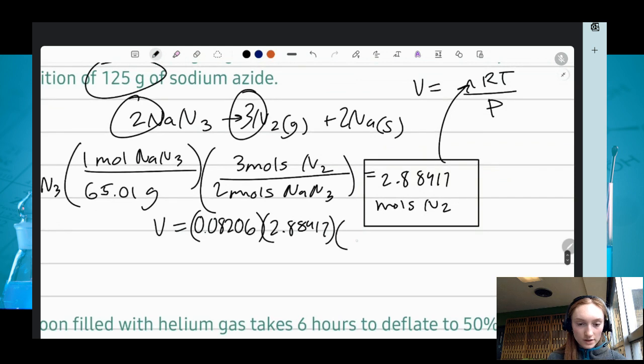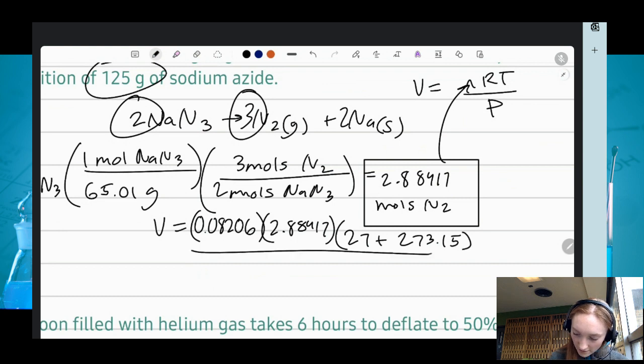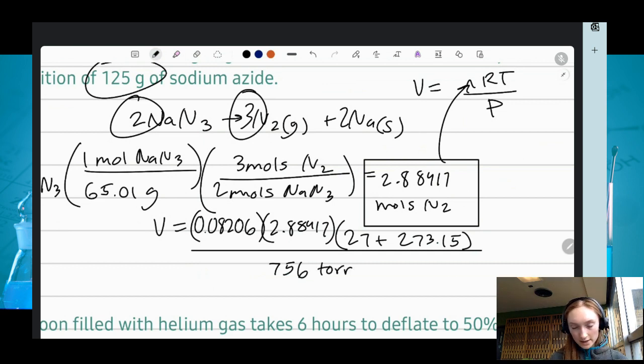Temperature is going to be the 27 degrees plus 273.15 Kelvin. And then divide everything by the P value, which is going to be the 756 torr, but that is in torr. We need to convert it to atmospheres again, and that conversion is just dividing by 760, and now we will be in atmospheres.